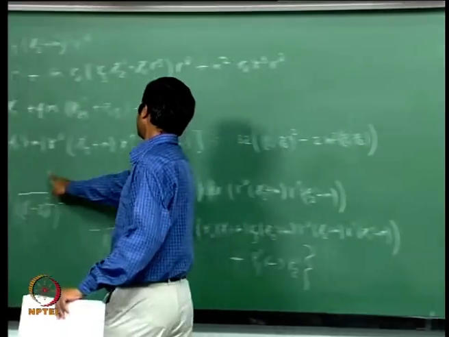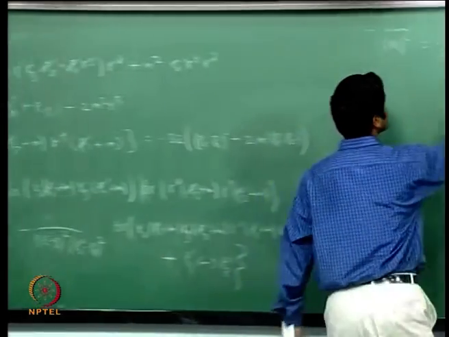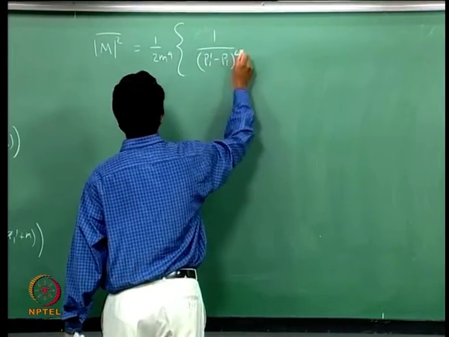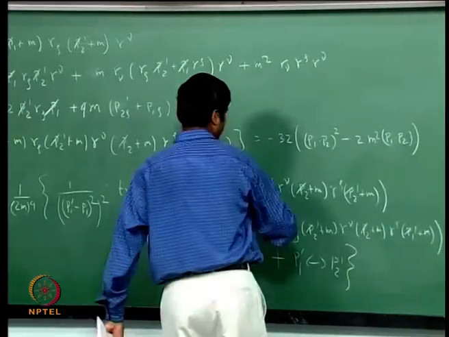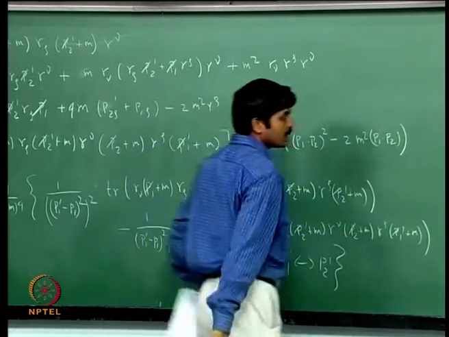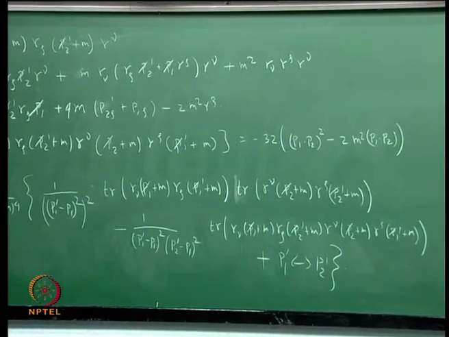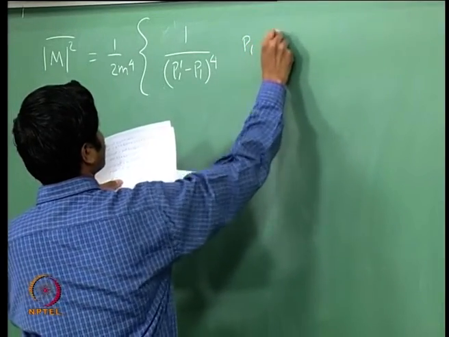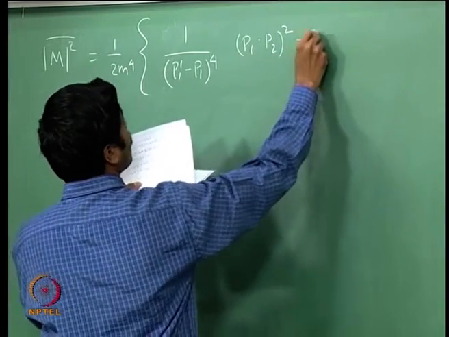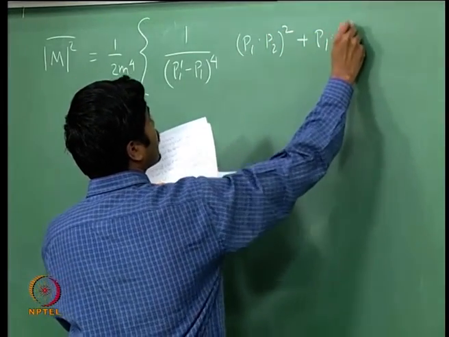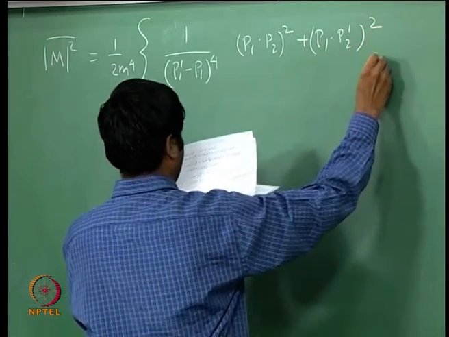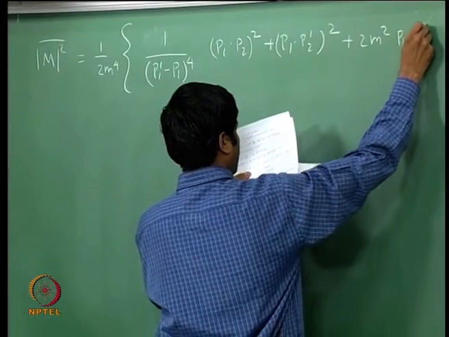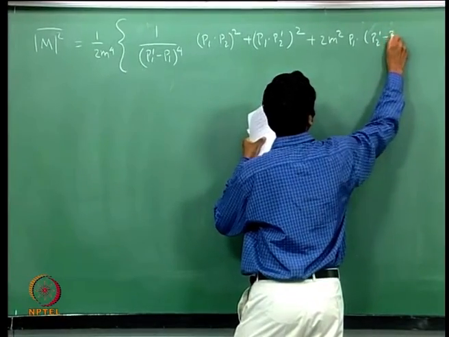then this here 1 over (P1 prime minus P1) whole fourth times, if we substitute 1 over 32 times this, then what we get is P1 dot P2 square plus P1 dot P2 prime square plus 2 m square P1 dot (P2 prime minus P1).